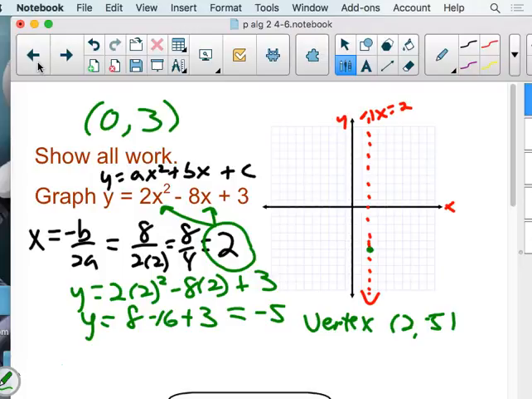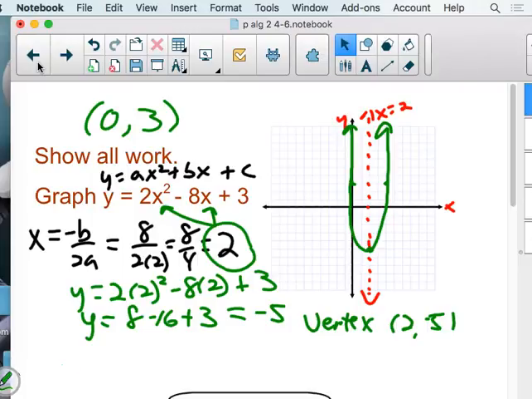So 0, 1, 2, 3, use symmetry, equal but opposite on the other side. If this is just homework or a quiz or something, that's enough. We wouldn't need any other points. We just go ahead and make our nice little parabola right there, using symmetry.